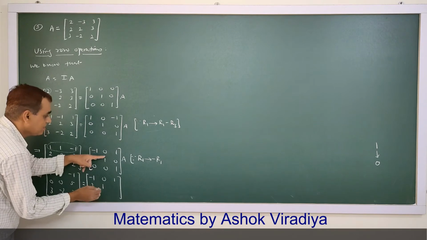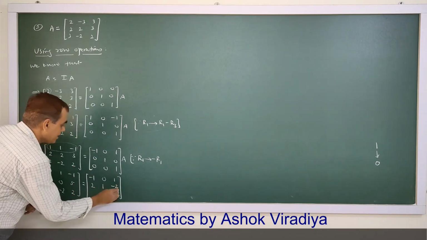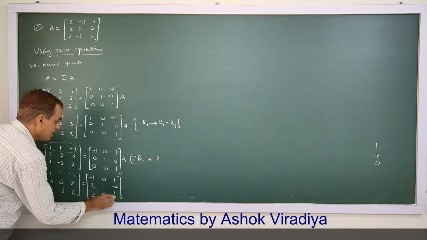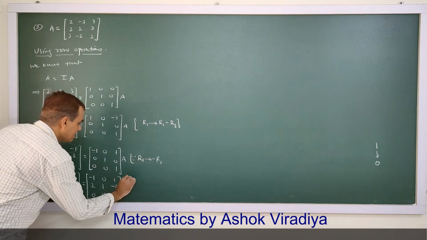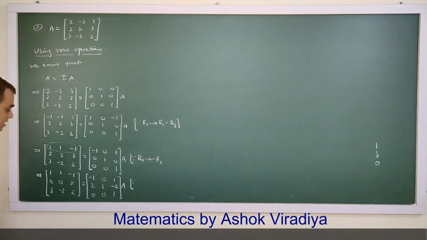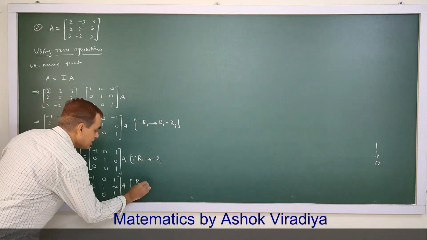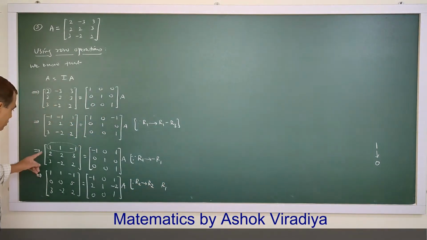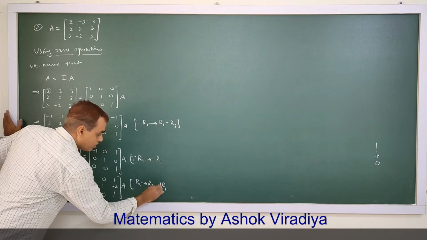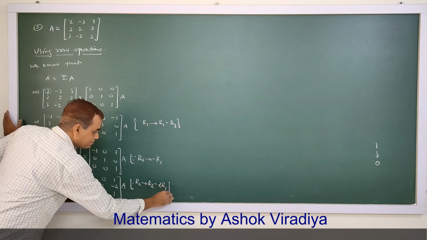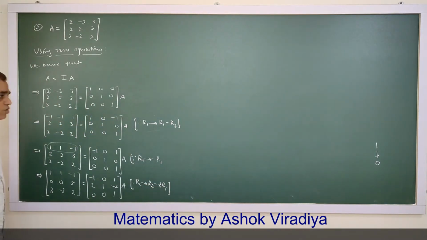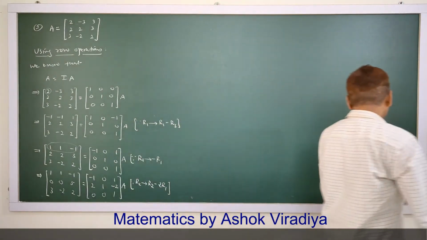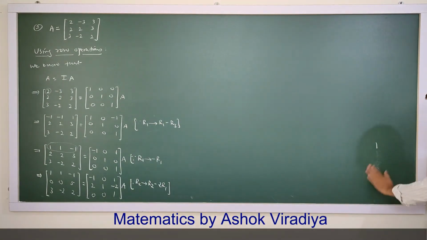No effect. This will be minus 2. 0, 0, 1 into A. So what is done? The second row is changed. In the second row, after multiplying the first row by 2, we have subtracted. So the 0 is okay. First step 1, second step 0.